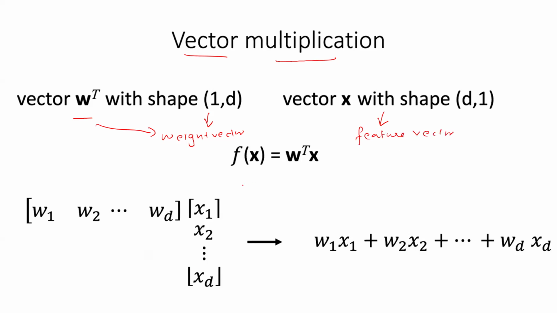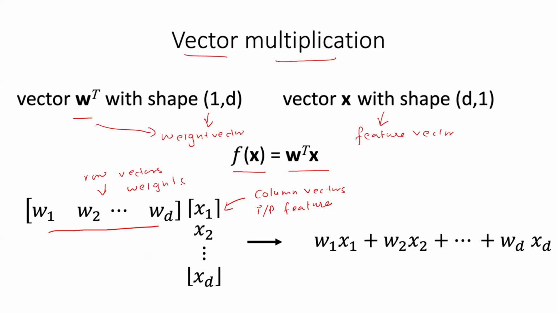So f of x is w transpose x. Here w consists of row vectors used for the weights, and x1 to xd are the column vectors used for the input features.